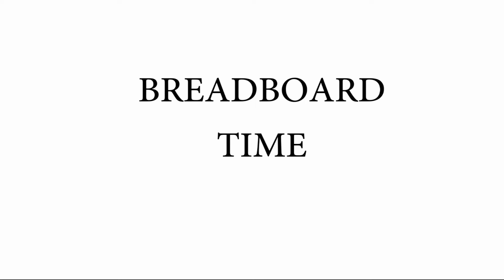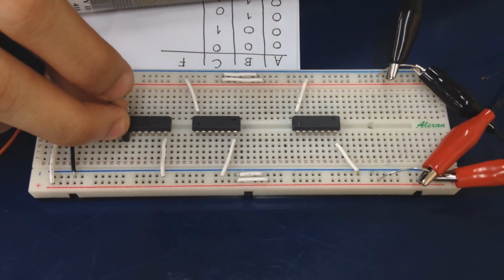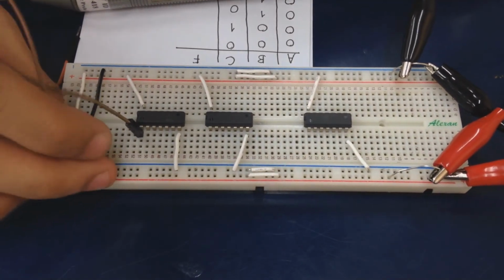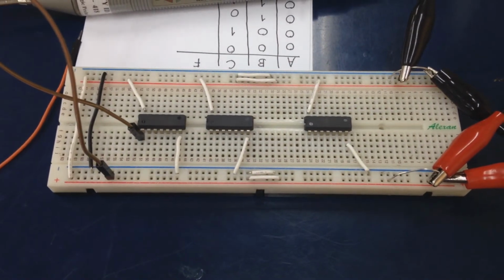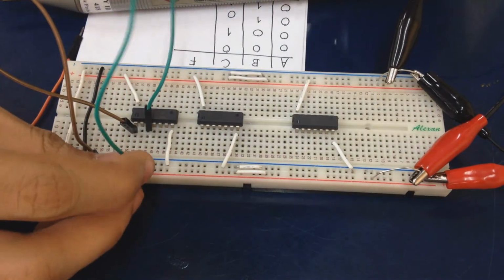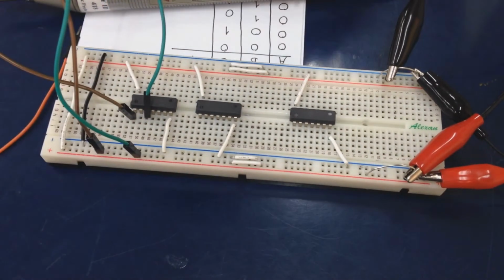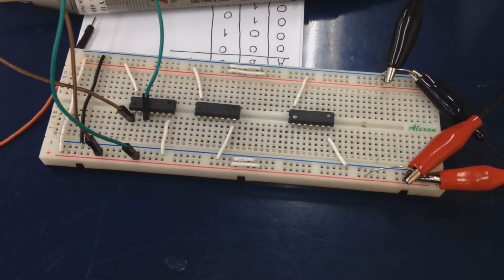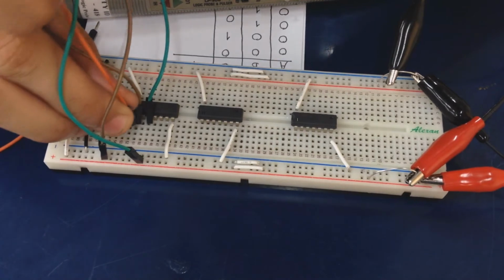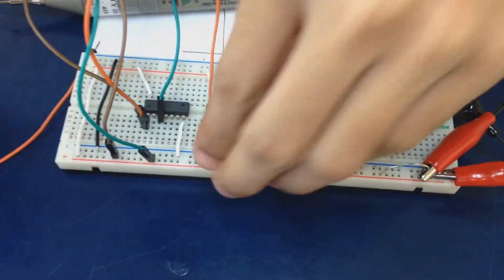Now, it's breadboard time! First, we connect the first pin of the inverter IC and set it as our A input. Next, we connect the third pin of the inverter IC and set it as our B input. Then, connect the first pin of the inverter IC, which is A, to the first pin of the NAND gate.